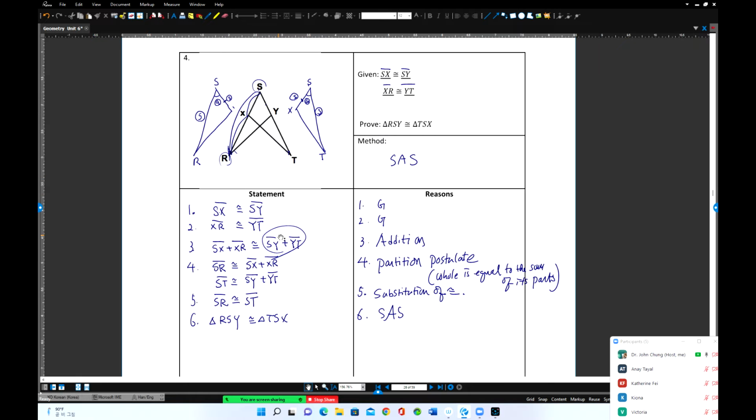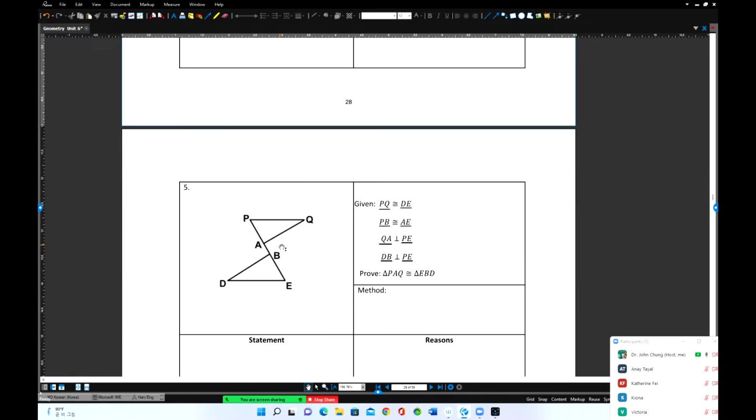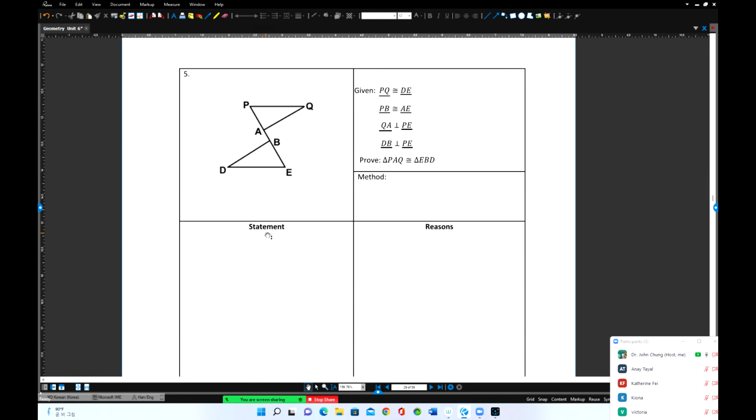All right, we're going to number 5, the next question. Over here, number 5. Which method will be available on this proof? If you guys have any idea, you can chat me, okay?